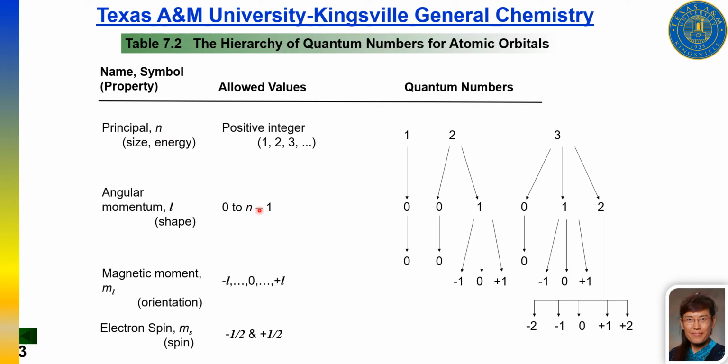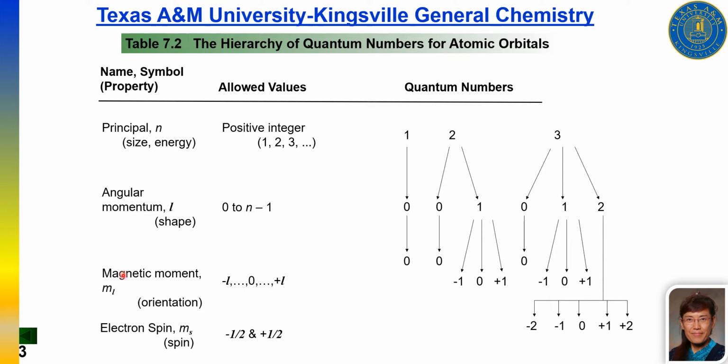For example, if your n is 3, your l can be at most 2, which is 3 minus 1. This l can have different values for a given n. We are going to show you how to do this.